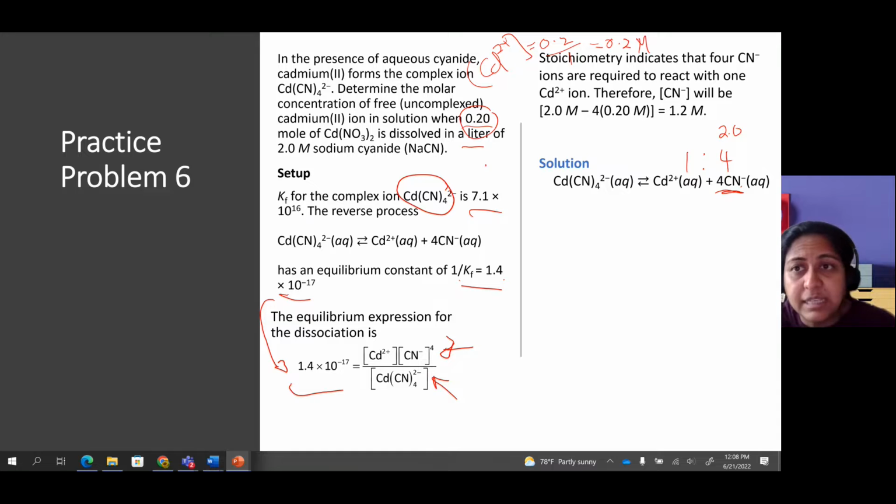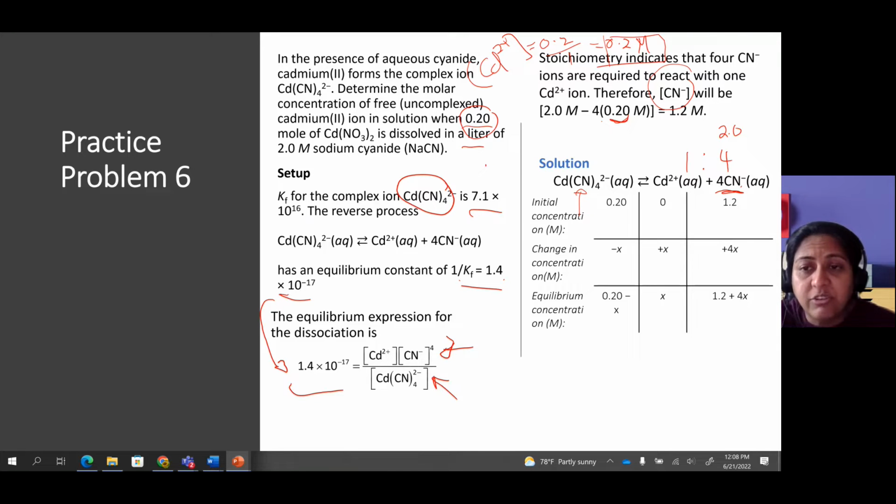So what is the limiting reagent? Yes, the cadmium. Therefore, 4 times 0.2 moles will be consumed from the cyanide to form the complex first. So the initial concentration for the complex is 0.2 molar. The cadmium was entirely consumed, therefore the initial concentration is taken as 0 for cadmium 2 plus, and the cyanide will be 1.2.